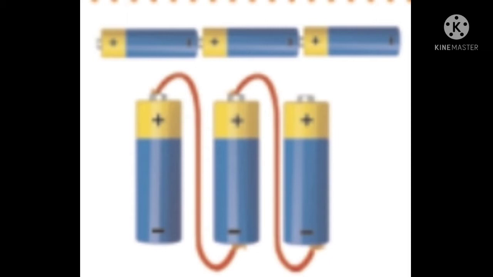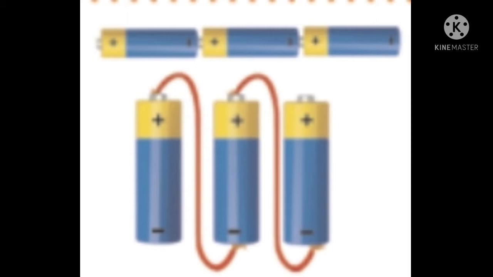How? 1.5 plus 1.5 plus 1.5 gives 4.5 volt. The cells should be connected in such a way that the positive terminal of one cell is connected to the negative terminal of the next cell. Care should be taken to connect identical cells. So this is about how to connect the cells to make a battery.